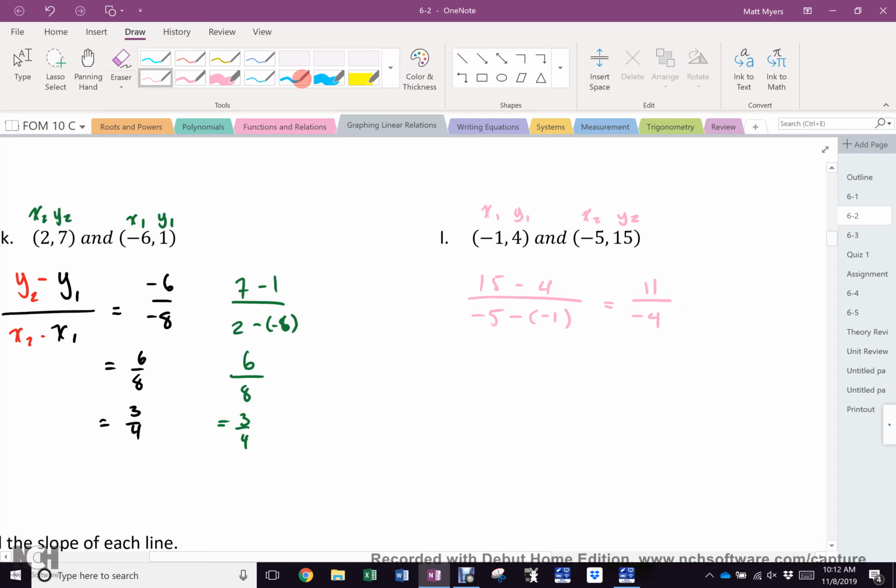Remember, minus 1 is the same as -5 plus 1. But if you label them, is it possible to get the slope wrong? If you label your 4 points, is it possible to get the slope wrong?